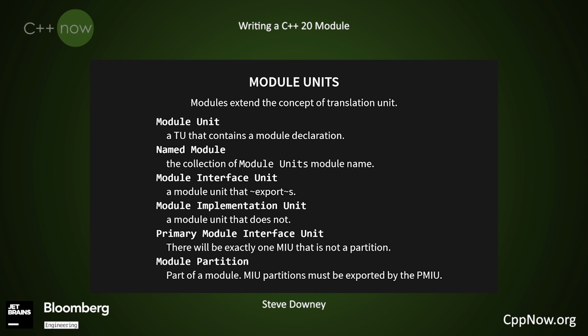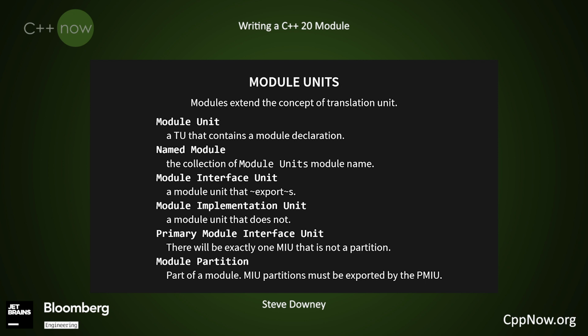A module implementation unit is a module unit that does not export anything. The primary module interface unit: there's going to be exactly one module interface unit that exports everything that anything else can see, and that's not a partition. And you have module partitions, which is a way of breaking up modules into parts.